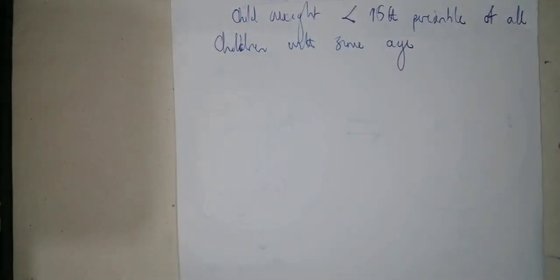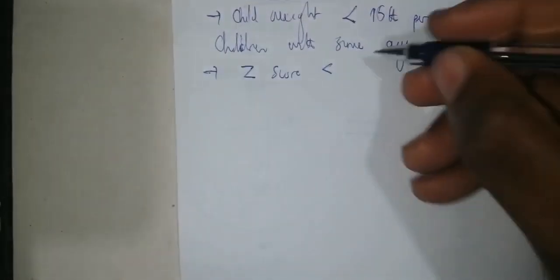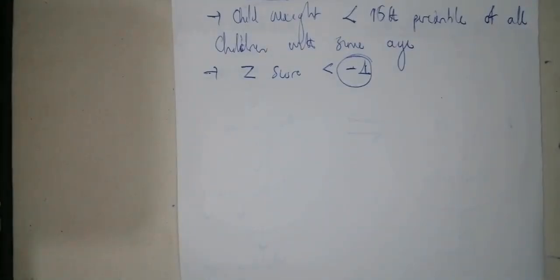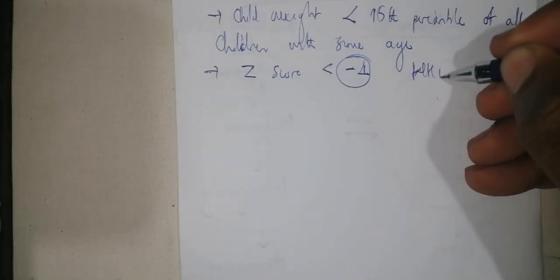Is it clear? Or it can still be defined as when the Z score is less than -1. Is it clear? Because that Z score of -1 is still similar to the WHO score.